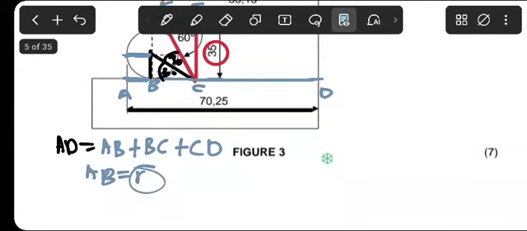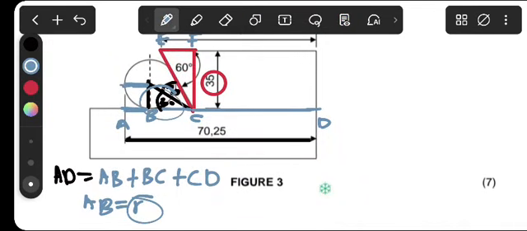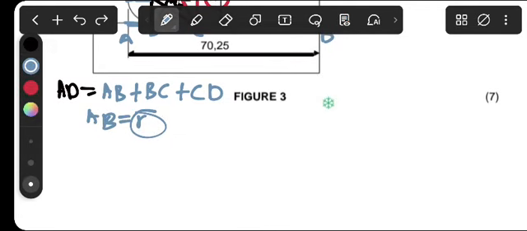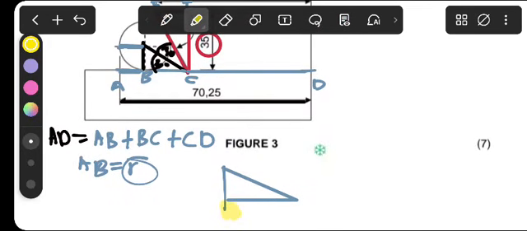So if we use this triangle, the one that I've drawn with the black, we have our triangle there. Here we have our B, here we have our C, and here we have the center.